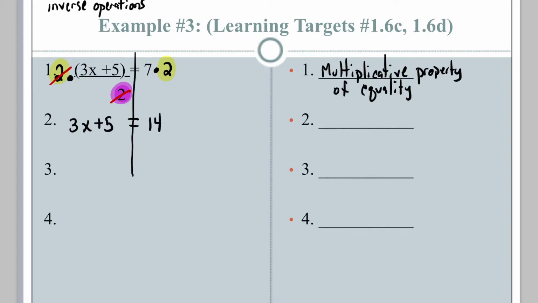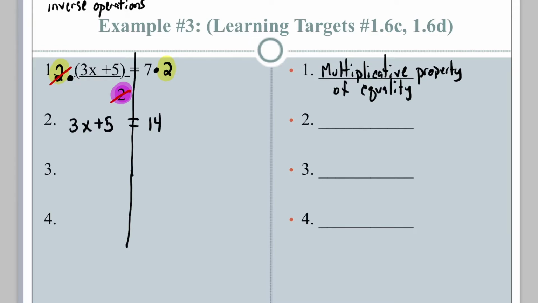Once again, I'm trying to solve for x, which means that I need the x to be isolated, or by itself. So the x is not yet by itself. I still cannot combine the 3x and the 5 as like terms. So now I need to remove the 5 using an inverse operation. I need to get the x by itself. And I'm going to work from the terms that are furthest away from my variable. Well, the term that's furthest away from my variable is the 5.